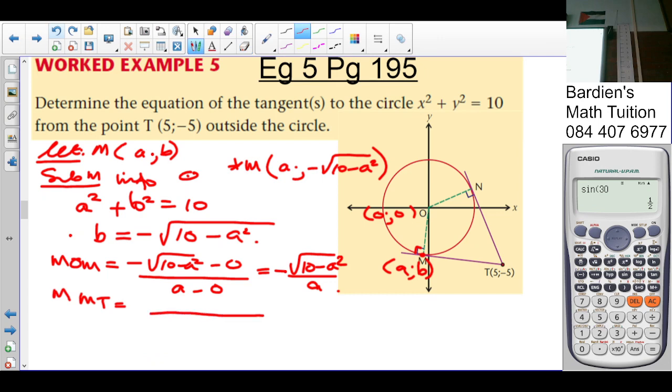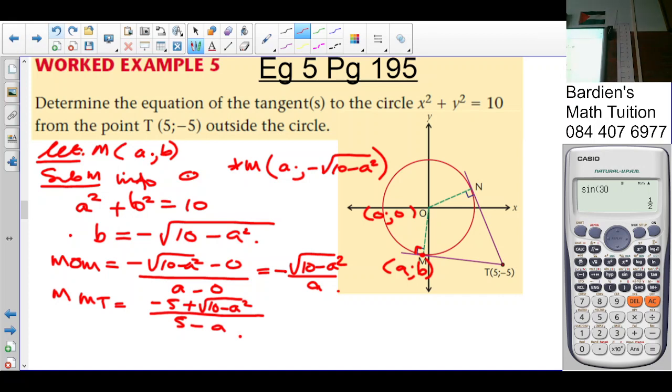Okay? So it's going to be -5 minus b, which is negative, minus root of 10 minus a squared, which will give you -5 plus root of 10 minus a squared, and you've got 5 minus a.